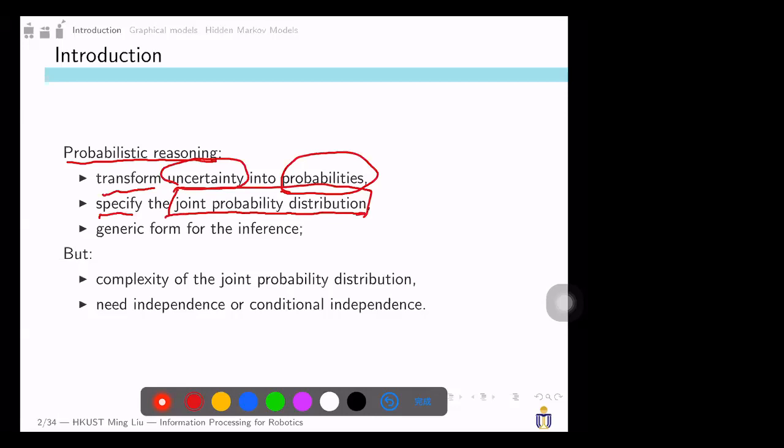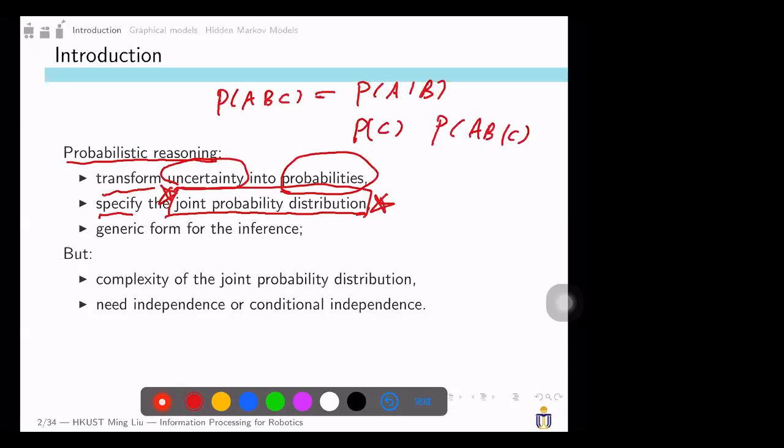From the last lecture, you already know that if you have the joint distribution, let's say P(A,B,C), you can get whatever you want. If you know the joint distribution, then you know any of these. So the joint distribution is key.